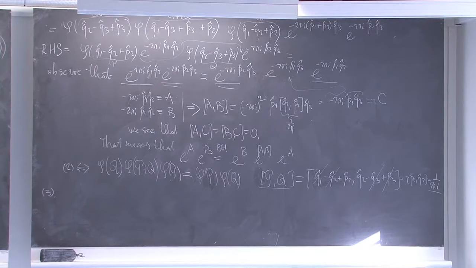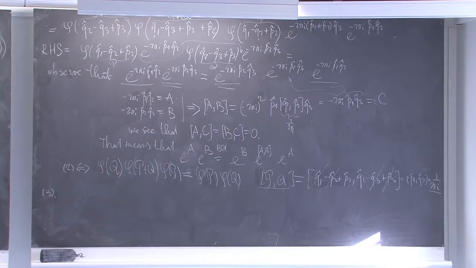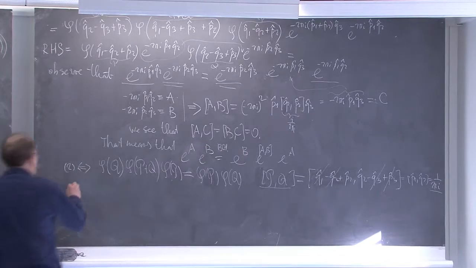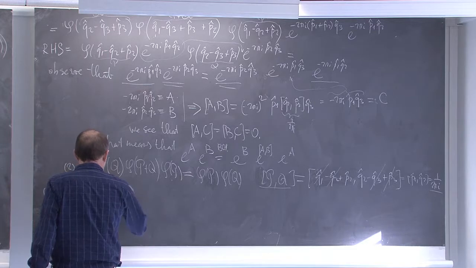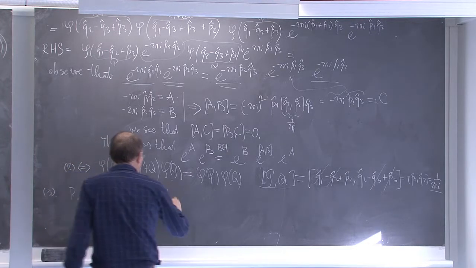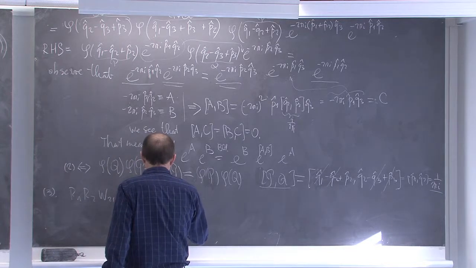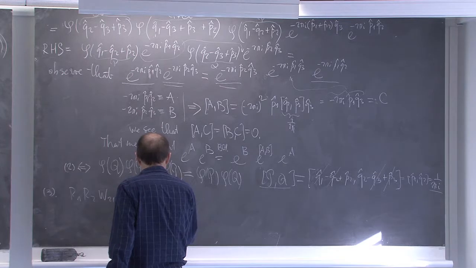So what we have to check is R1, R2, W21, R1 inverse W12 equal to the permutation 1, 2, but with some coefficients psi.